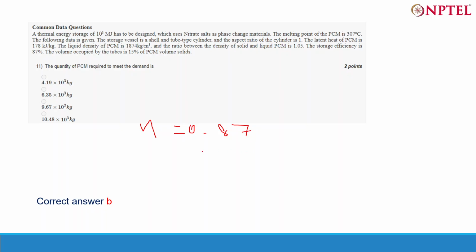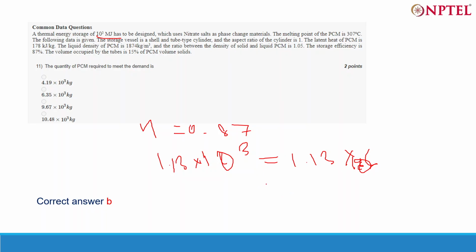So required quantity of heat storage will be 10 to the power 3, which is basically given, and 13% more is required. So required is 1.13 into this. So that is 1.13 into 10 to the power 6 kilojoule is to be stored.